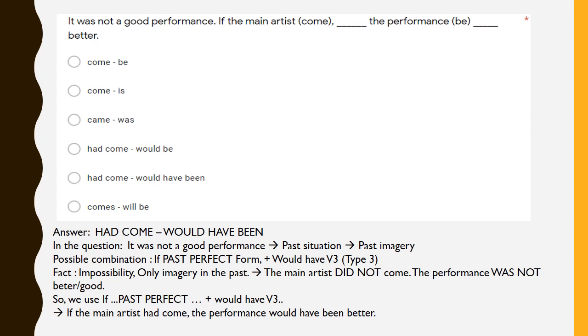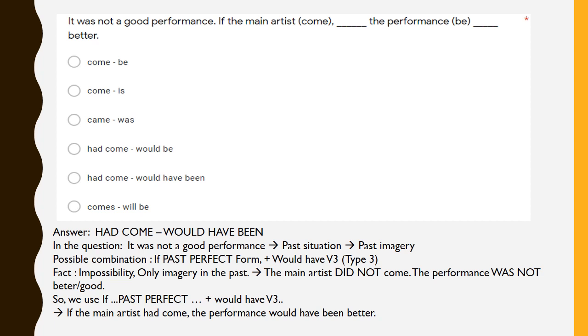So the possible combination is if past perfect form combined with would have verb 3, or type 3, because the fact is an impossibility, only imagery in the past. Because the real situation is the main artist did not come.